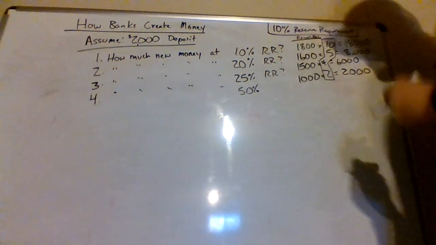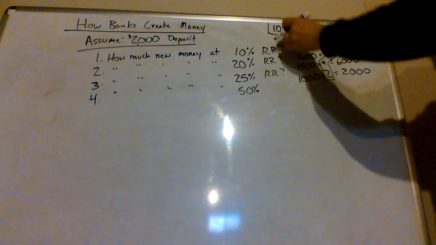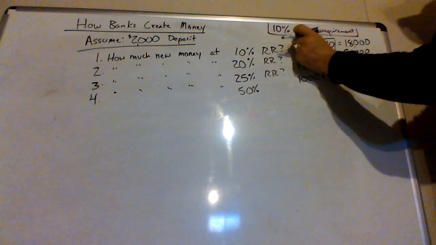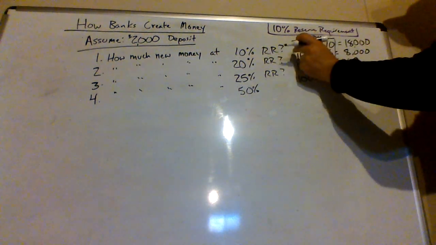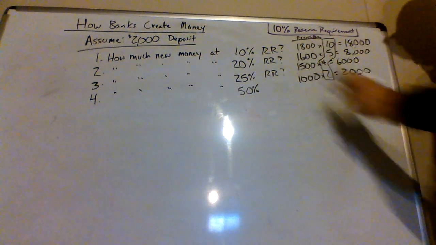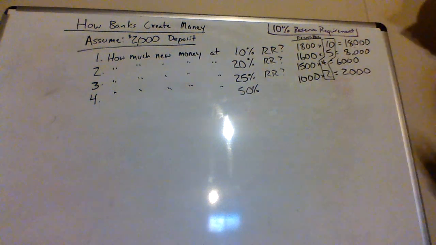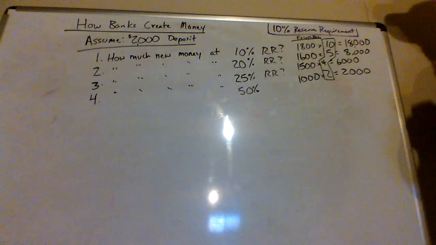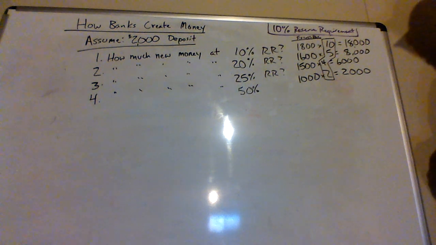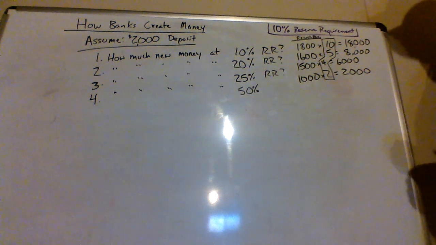We've got to remember to change that. So again, if it's 10%, I can loan out 1,800; 20%, I can loan out 1,600; 1,500; and 1,000. Here are your numbers in case they're too tiny: 18,000 for number 1, 8,000 for number 2, 6,000 for number 3, and 2,000 for number 4.